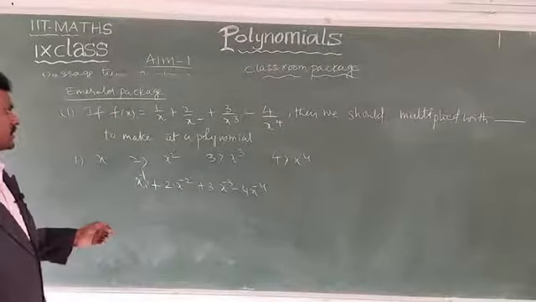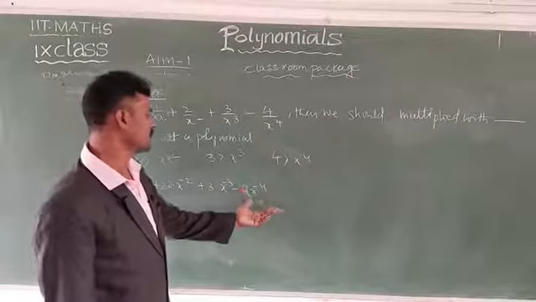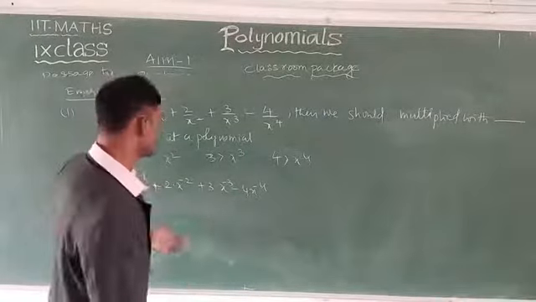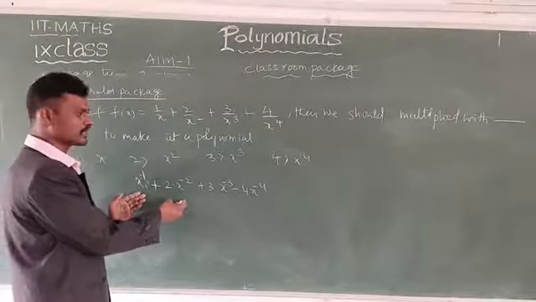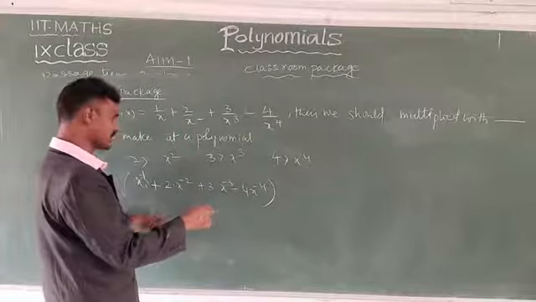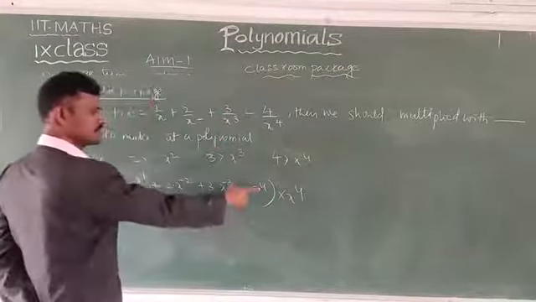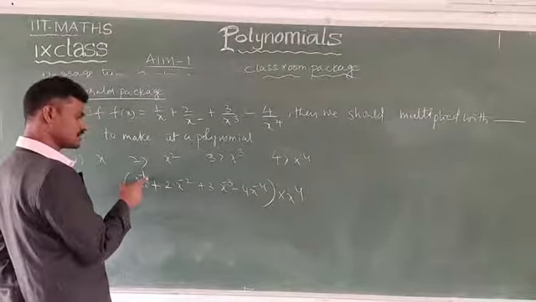Now here we have to multiply by which polynomial so that this becomes a polynomial? This is not a polynomial. We can multiply with... here the highest degree is minus 4, and this is not a valid degree. Actually we have to multiply with x power 4. Then this is 0, this is 1, this is 2, this is 3.